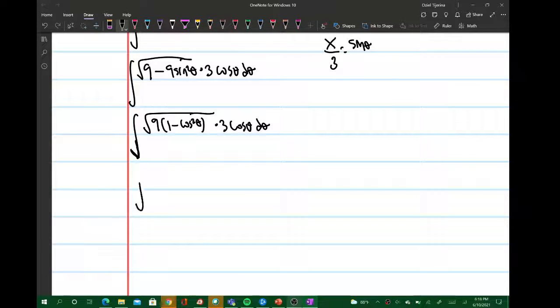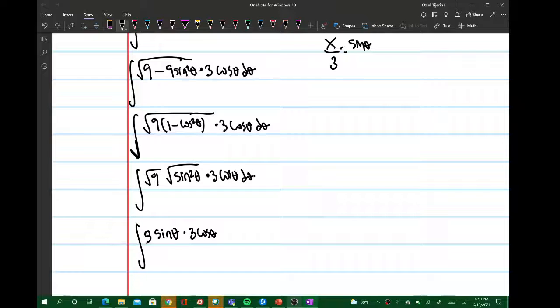So then we have the integral of the square root of 9 times the square root of sine squared theta times 3 cosine theta d theta. So then we have the integral of 3 times sine theta times 3 cosine theta d theta.